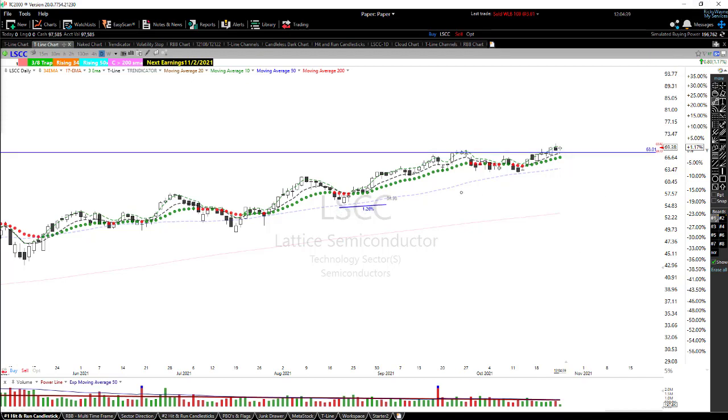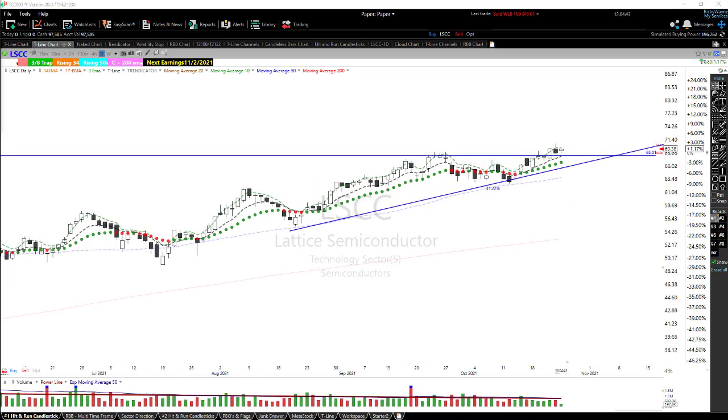Two, we've got a nice little trend working here. Three, we're down, we're up, we're down, we're up. Right here, this breakout, we now have a bullish W pattern in here. These are the kind of things that I look for. These are the kind of things that pop up on the scanner.